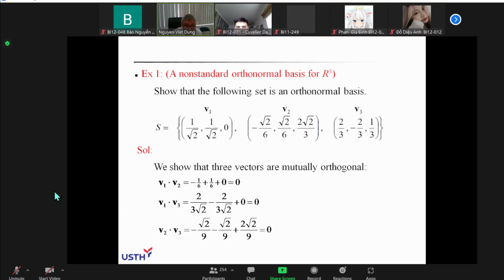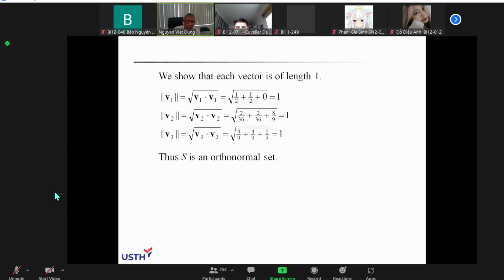Now we verify the length or the norm of each vector. The norm of v1 equals 1, of v2 equals 1, and of v3 again equals 1. So S is an orthonormal set, and because we know already that S is a basis, we get an orthonormal basis.